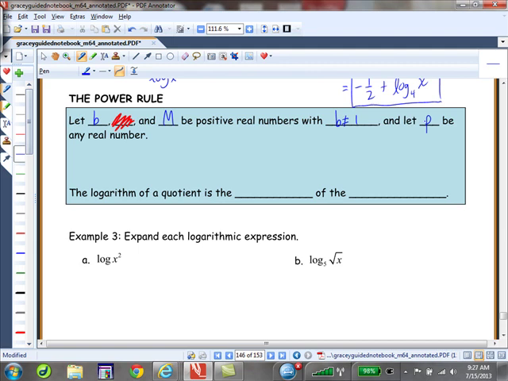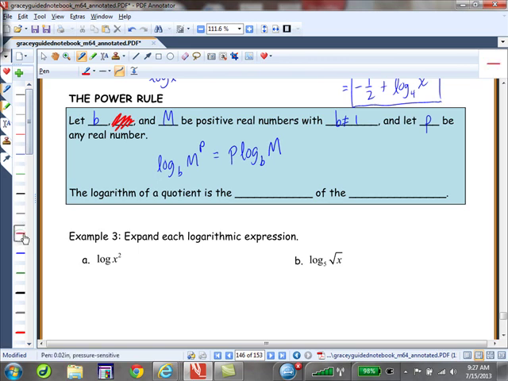So here, if you have log base b of m raised to the p, that's equal to p times log base b of m. So the p becomes a multiplier. And you actually saw an example of that in example 1, part b. We could have rewritten that as natural log of x squared and used this property.